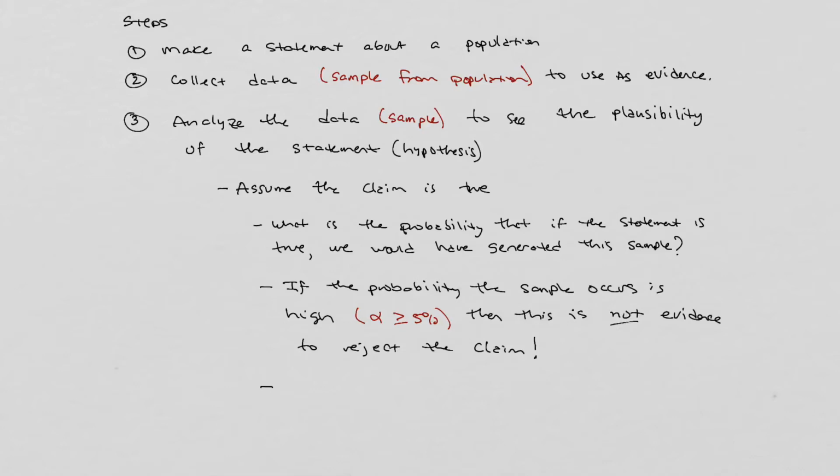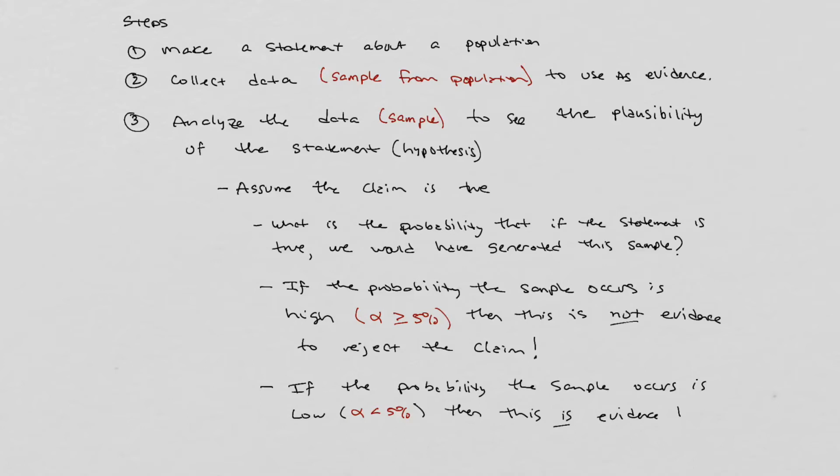Right? And on the flip side, if the probability the sample occurs is low, in this case we're saying it happens less than 5% of the time, then this is evidence to reject the claim.